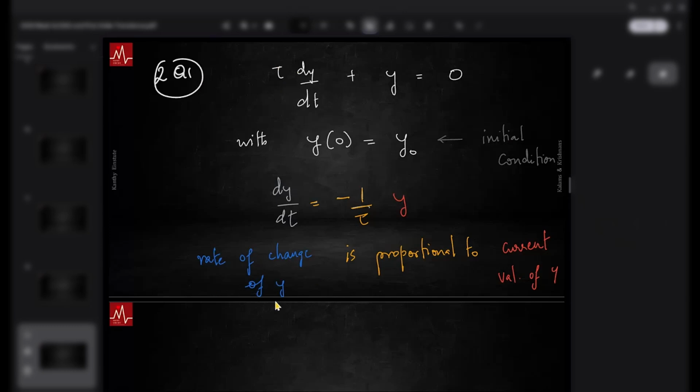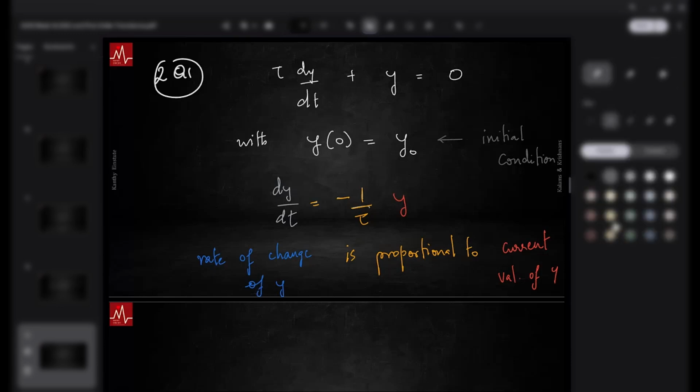Based on the rate of change of y being proportional to the current value of y, notice the characteristic equation: tau m + 1 = 0, m = minus 1 by tau.